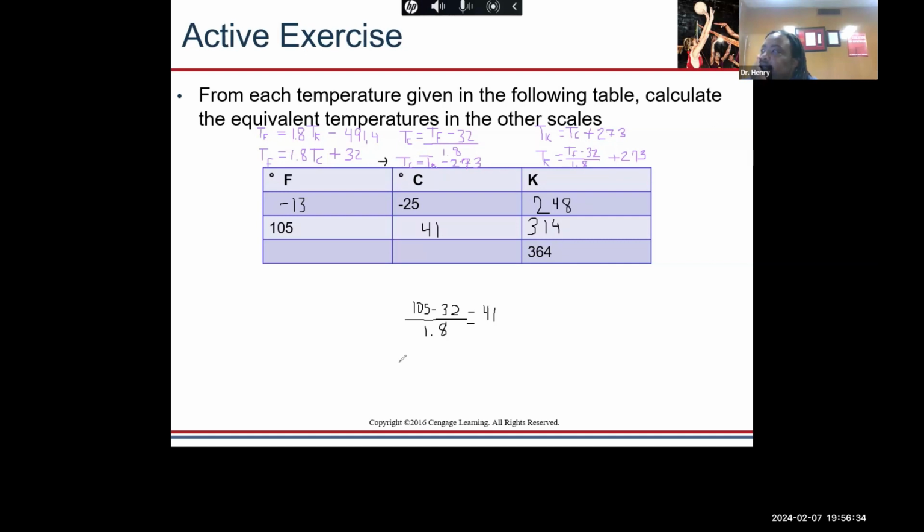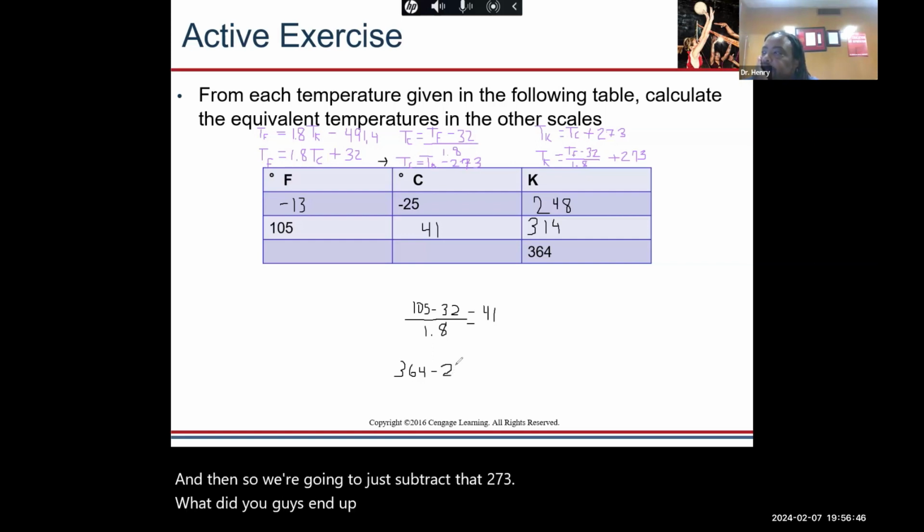So Kelvin is 364, and we're going to just subtract that 273. What did you guys end up with? That's right, 91.